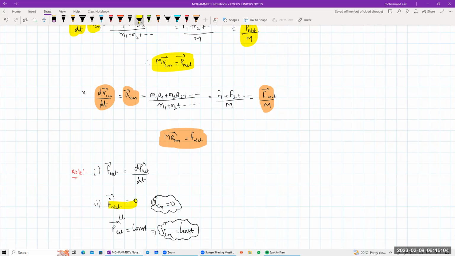Done. If external force acting on a system is 0, acceleration of the center of mass will be 0. So momentum will be constant. If momentum is constant, velocity of center of mass will also remain constant.